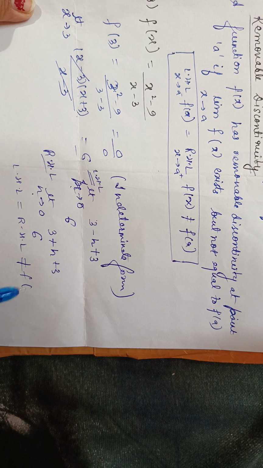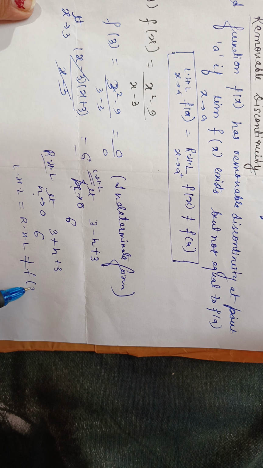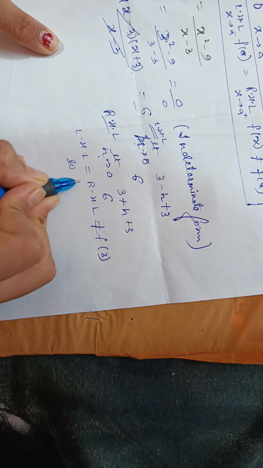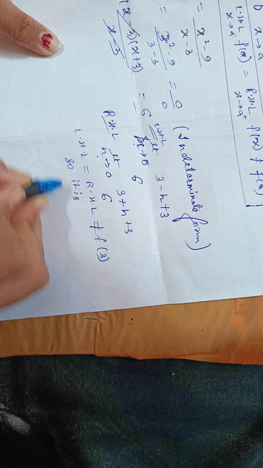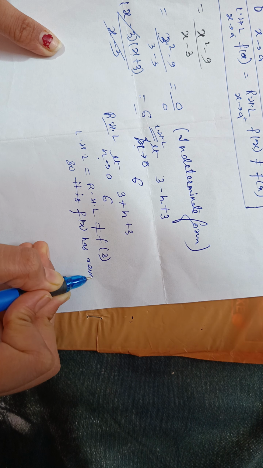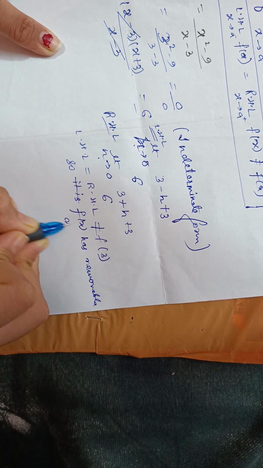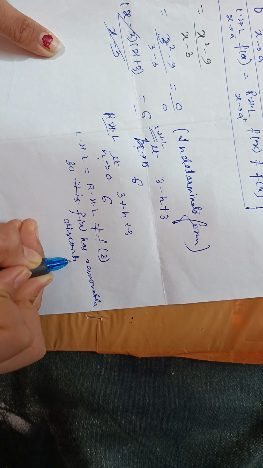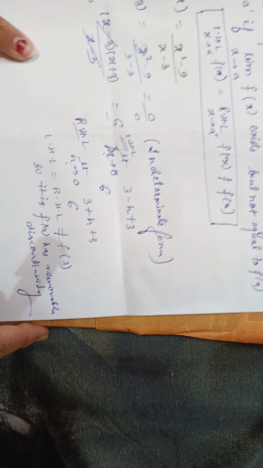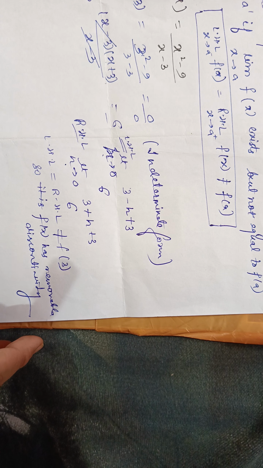So f(x) has a removable discontinuity. So why is it known as removable discontinuity? Because in this type of function we can remove the discontinuity.